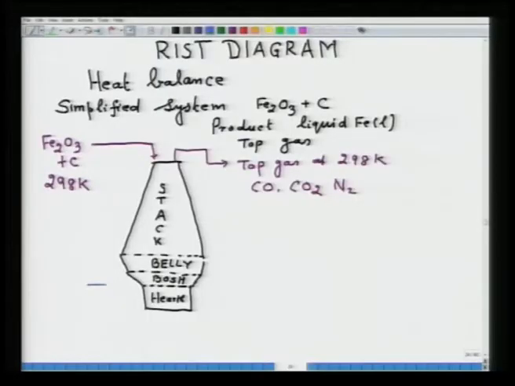So, we are injecting air, and mind you, we are injecting air at 298 Kelvin, and we are discharging here liquid iron, and the temperature we are considering is 1800 Kelvin. Mind you, we are not considering slag at the moment.